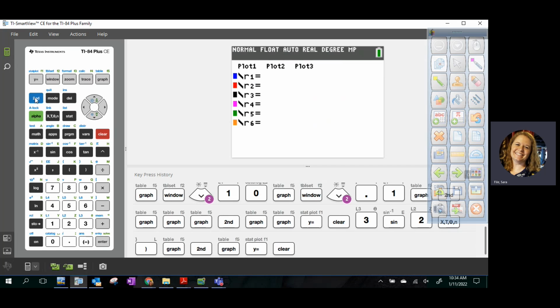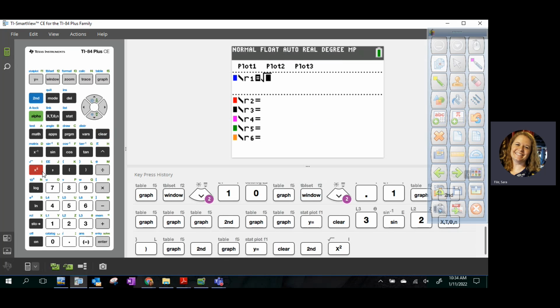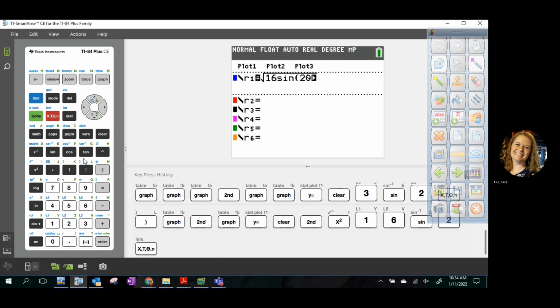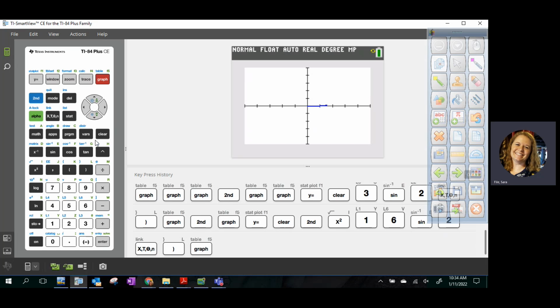So I'd have to type this in as the square root of 16 sine of 2 theta, right? And when I graph that, I'm going to see that lemniscate at the 45-degree angle. Now, that is much wider than I drew it, right? So I probably should have drawn mine wider.